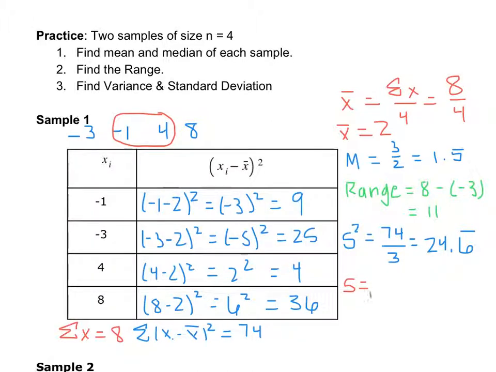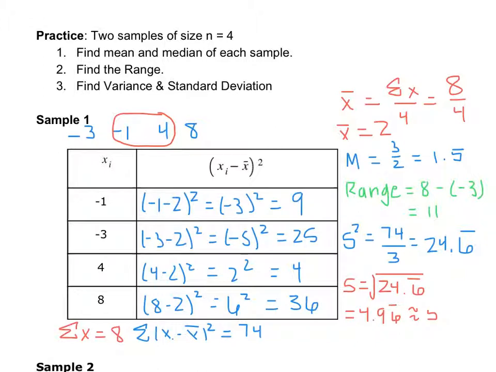So our standard deviation is the square root of 24 point repeating 6, which is 4.9 repeating 6. And now if we want to round that to 1 decimal place, we go out to that 6, that's going to bump that 9 up 1, which bumps the 4 up to a 5.